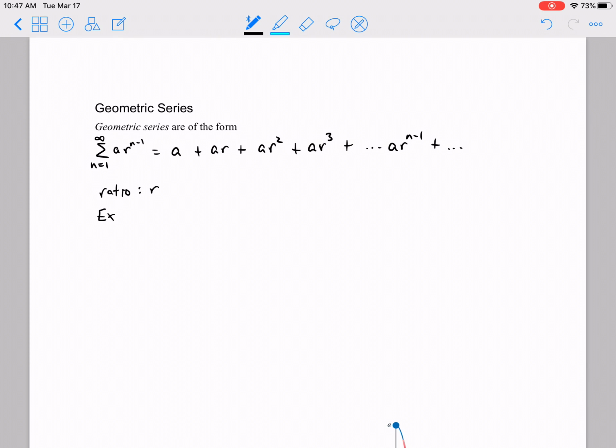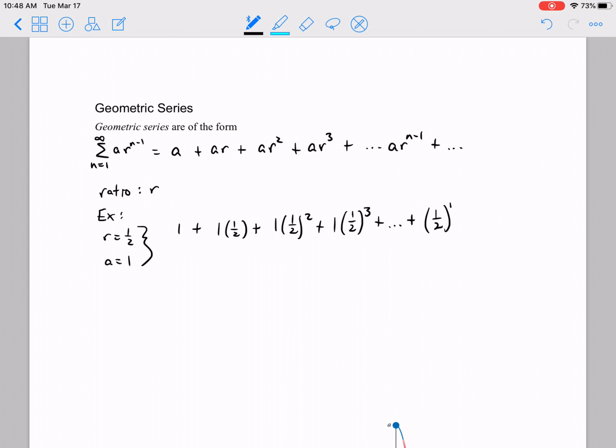So let's take a look at an example. If we say r equals 1/2 and a equals 1, then we get 1, that's a, plus a times r, so 1 times 1/2, plus 1 times 1/2 squared, plus 1 times 1/2 cubed, plus dot dot dot, plus 1/2 to the n minus 1, plus dot dot dot.